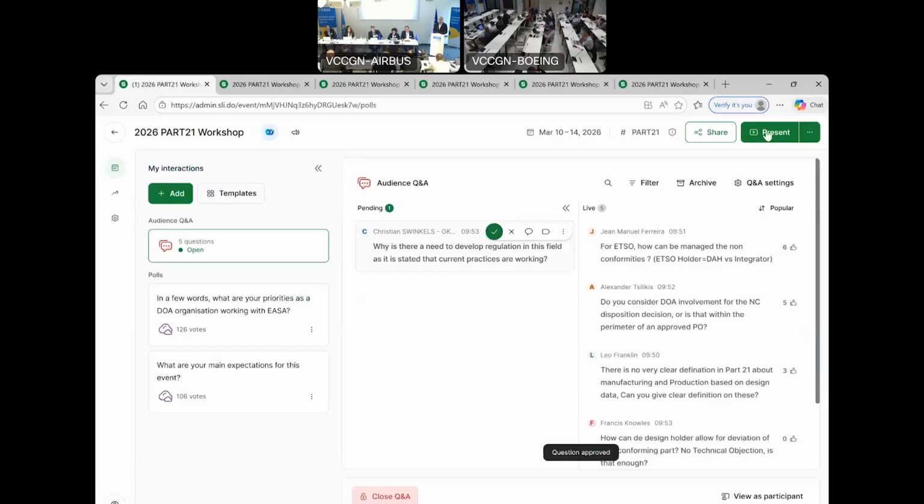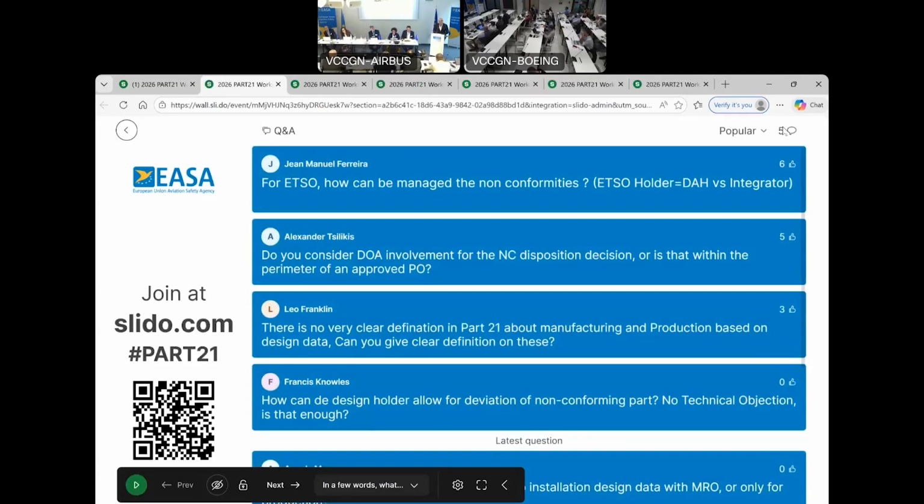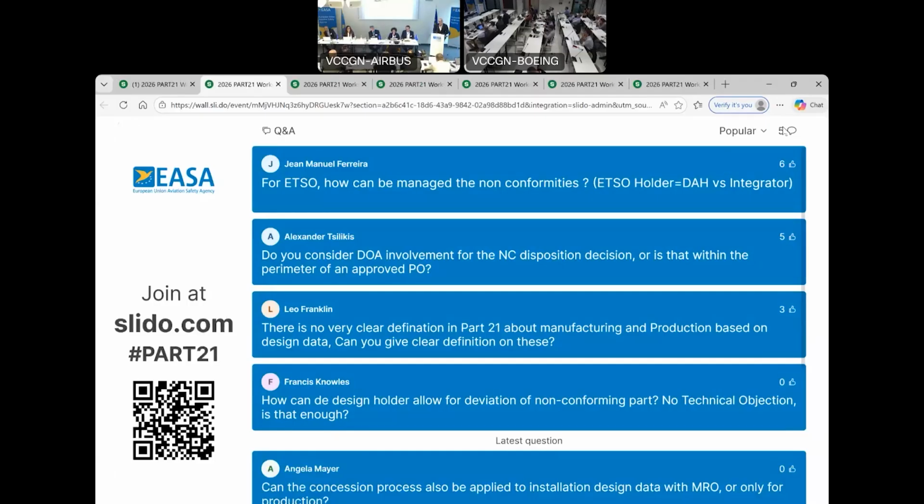Was this the intent of the question? No. The goal is to clarify the sharing between the integrator and the ETSO holder. We have a deviation. The type design is under the ETSO holder, and the type design is not under the ETSO, it is under the product type. The design approval holder is the ETSO holder.